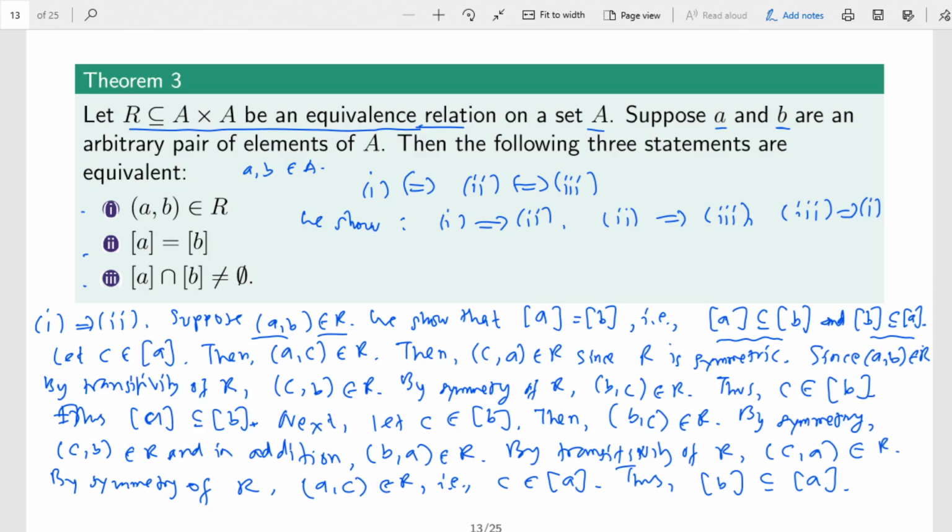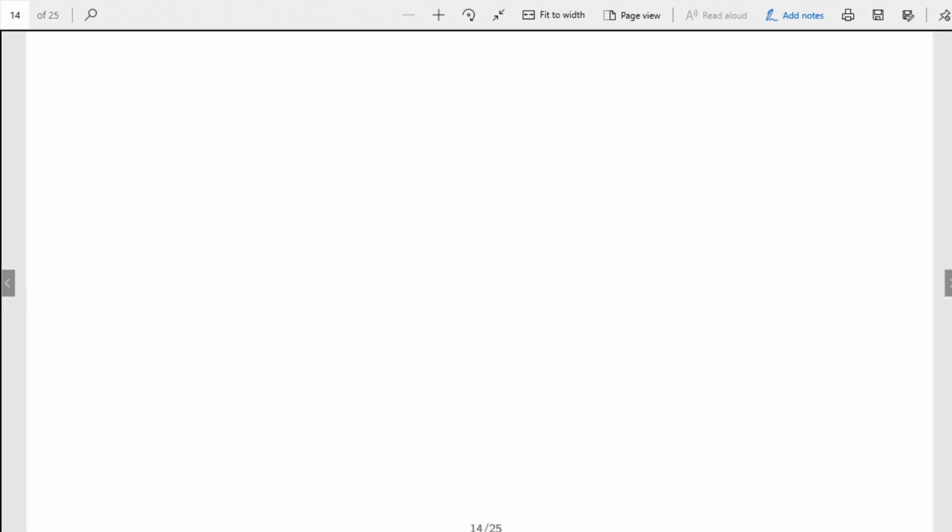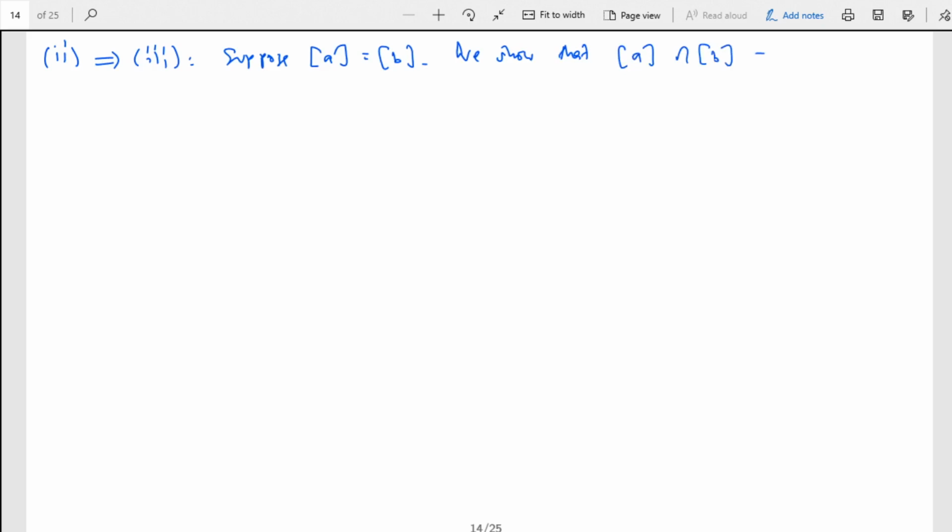Now, for the next part, part 2, we're going to show that 2 implies 3. So we suppose that the equivalence class of a is the same as the equivalence class of b, and we show that the intersection of these two classes is not empty.